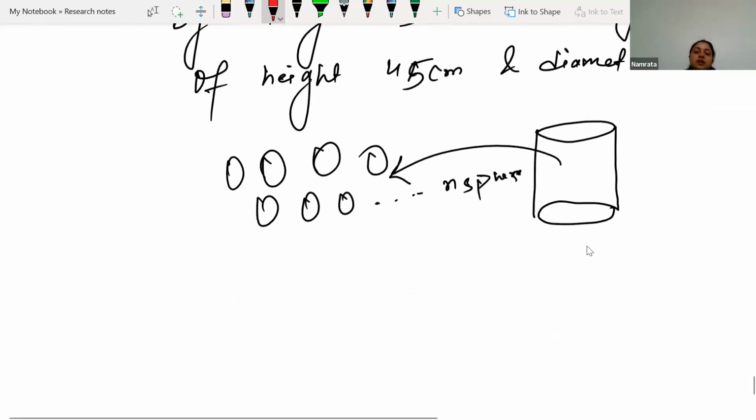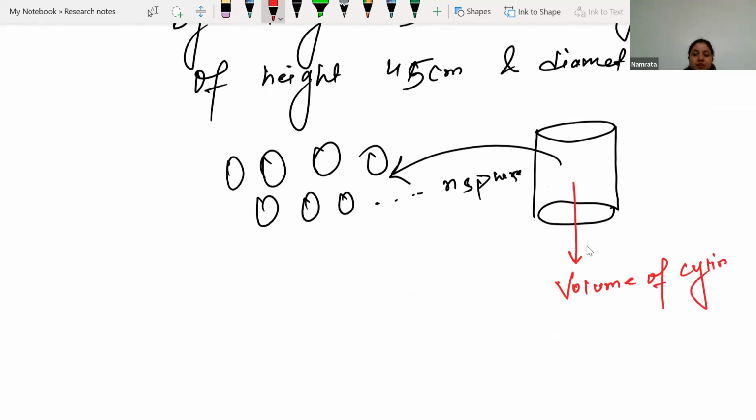So basically we are melting it down. That means we ended up having the material, that means the volume of this cylinder. Whatever material you are having just came from the volume of the cylinder, that you are going to use for making the spheres.